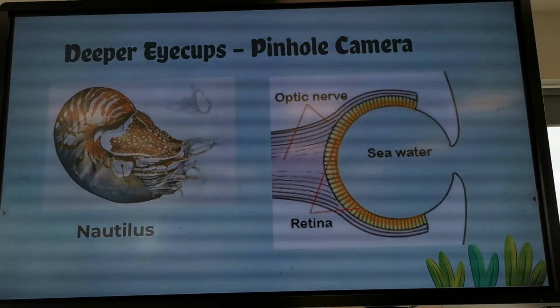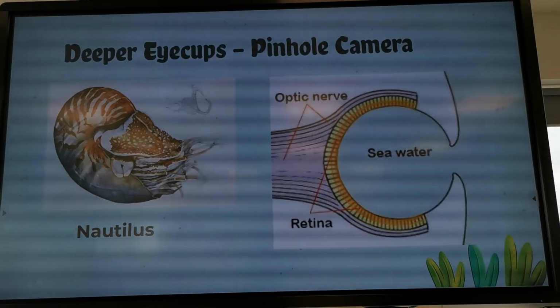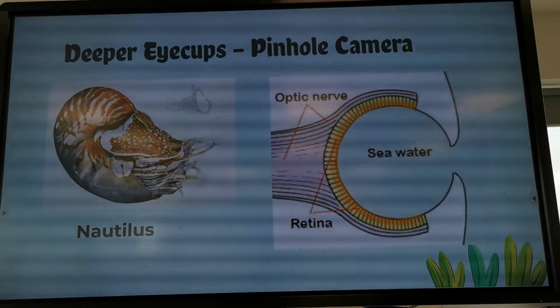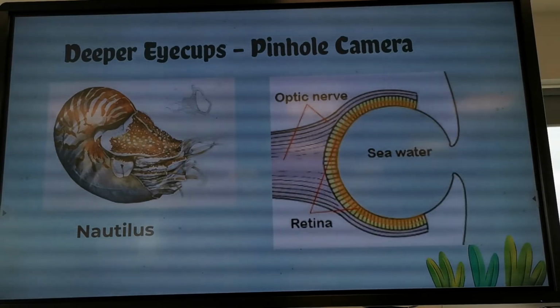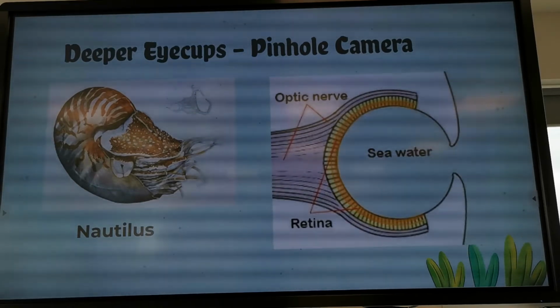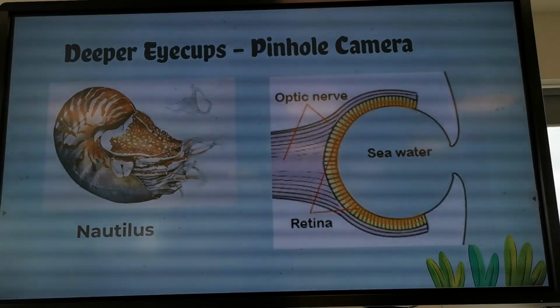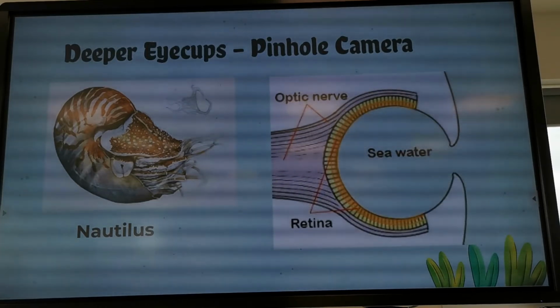And then because this is a sea creature, that depressed area then fills up with water, and we've got ourselves like an aqueous humour. We've got a vitreous basically. So water fills it, and that provides a different kind of refractive element as well. And then through controlling the size of that aperture, they can again adjust their focus and adjust how much light is coming into and hitting the retina before it goes off down the optic nerve.